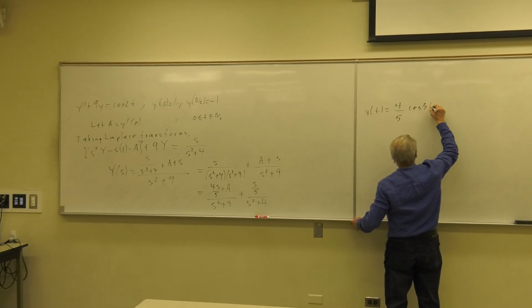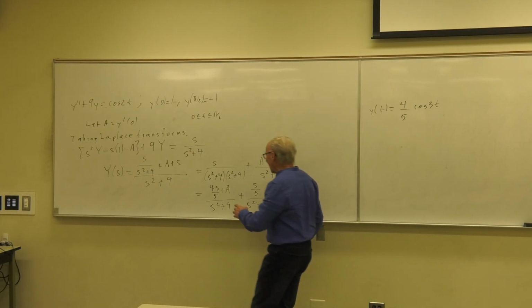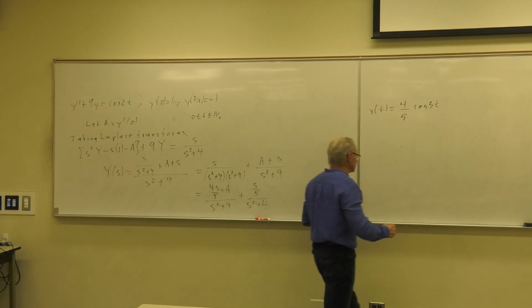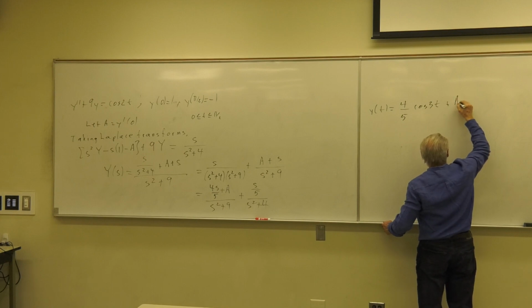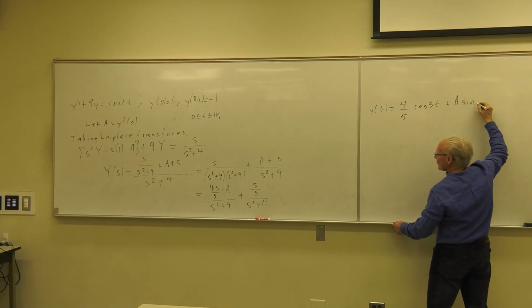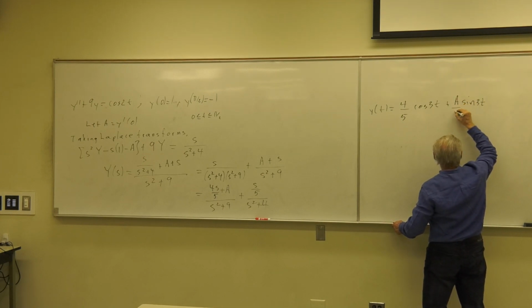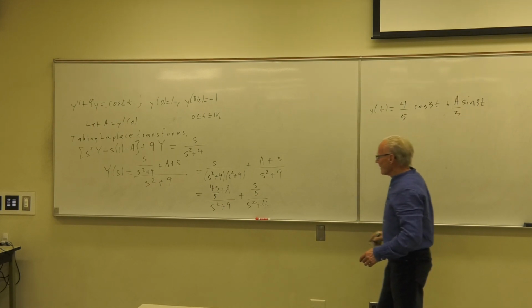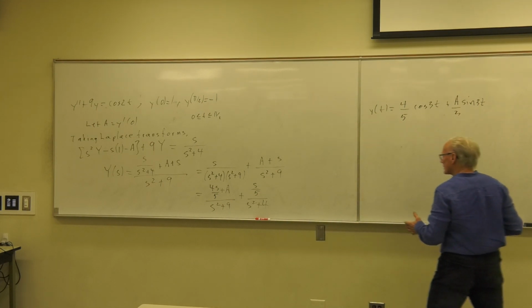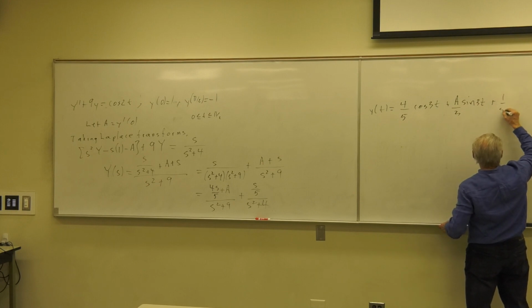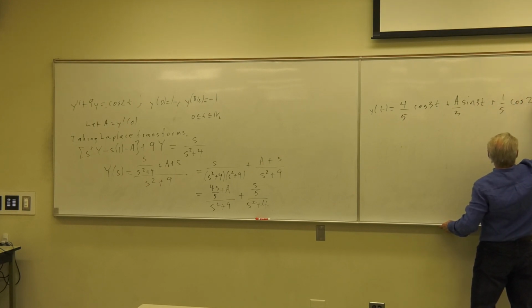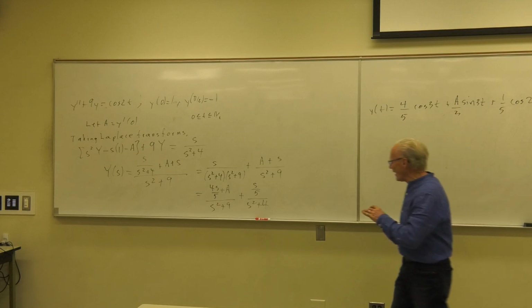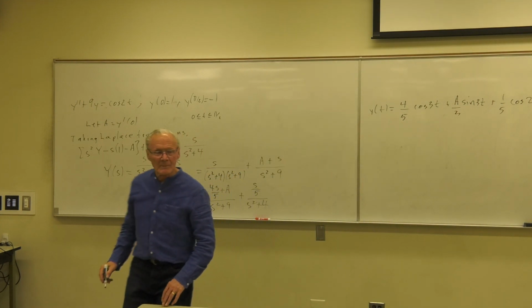Cosine 3t. Then we've got a over, that's a sine, plus a, the sine of 3t, but it needs a 1/3. Then we have this one, which is another cosine, 1 over 5 cosine of 2t.